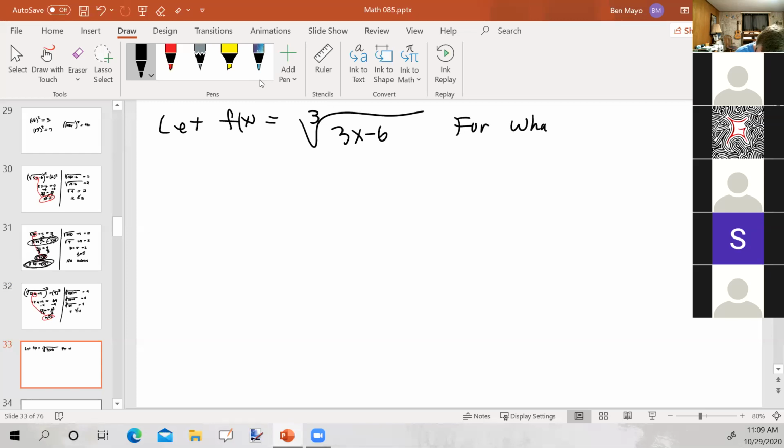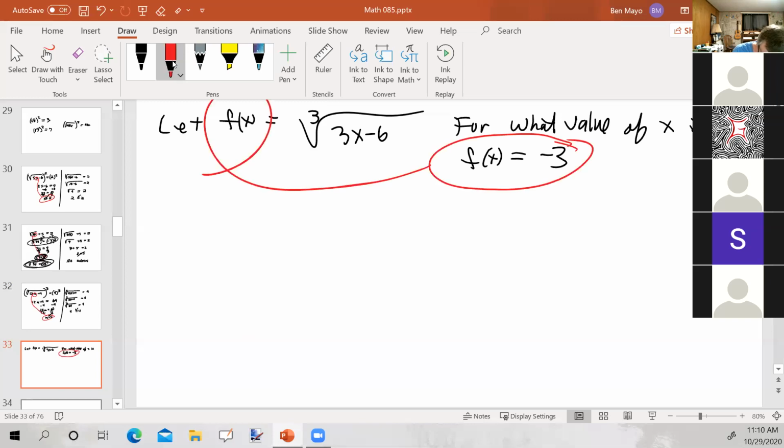For what value of x is f of x equal to -3? Now, this is another thing where the author, I think, is just trying to get us used to function notation. Basically, we're going to substitute. We're going to take this and put it right there. So our equation becomes the cube root of 3x minus 6 equals -3. You see how I got there?